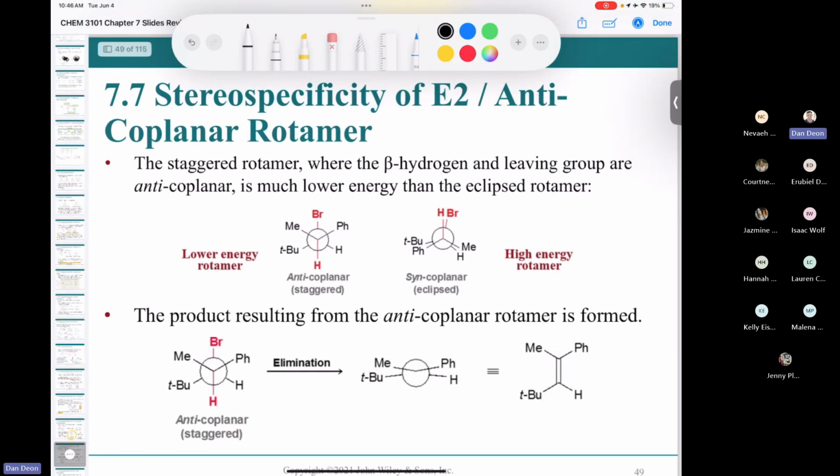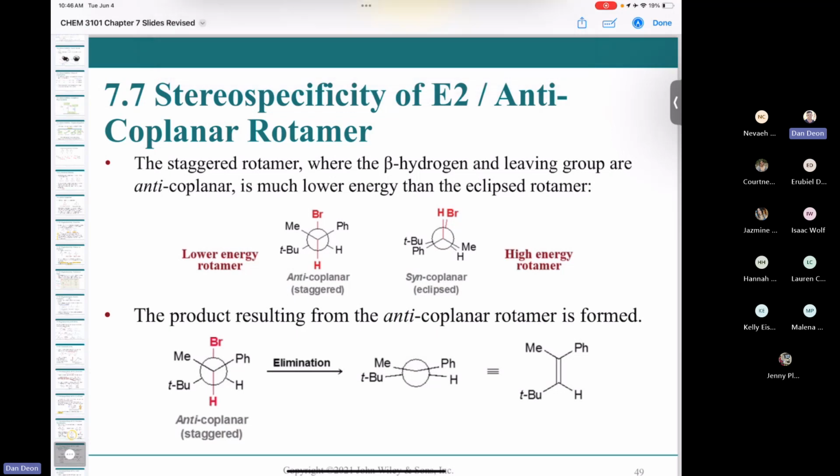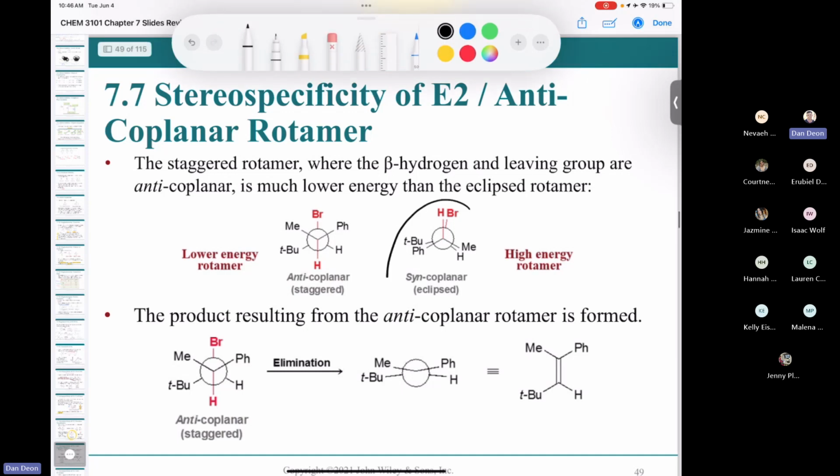It says here, since the staggered conformation is so much lower in energy than the eclipsed rotamer, we discover that it only goes through the lower energy rotamer. So you don't have to worry about drawing any eclipsed Newman projections in this section. Every Newman projection we're going to draw is going to be staggered.